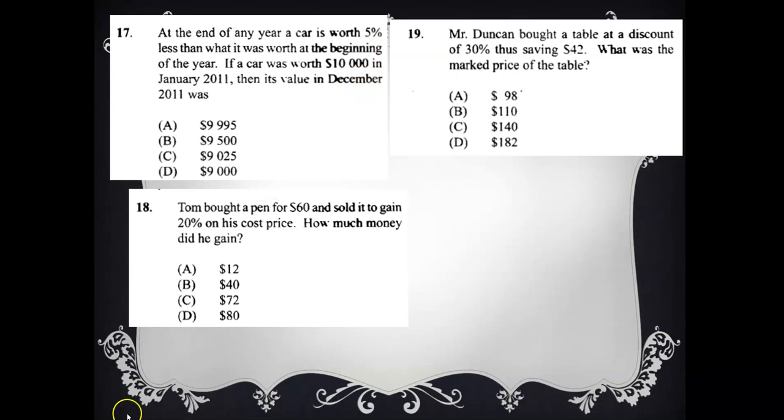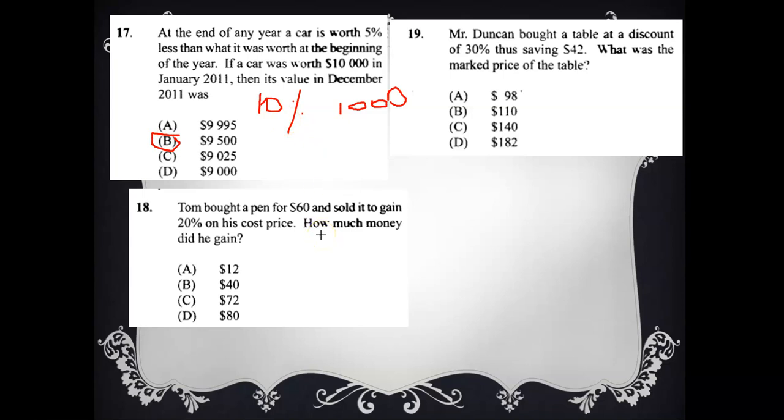So 10% would be equal to $1,000, right? 5% of that would be half of $1,000, so that's 500. So that means the car would be valued $500 less. So that would be 10,000 minus 500. So of course our answer would be $9,500.